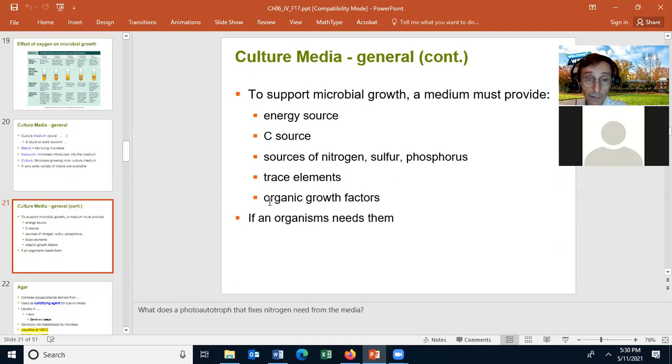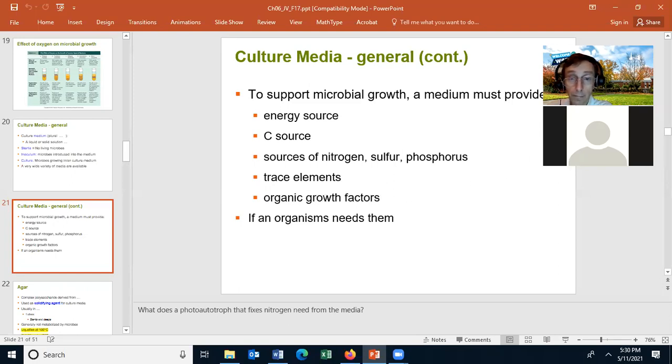An organic growth factor that humans require is something like vitamin C. If humans don't get vitamin C in their diet, they will become sick and eventually die. Any question about that?